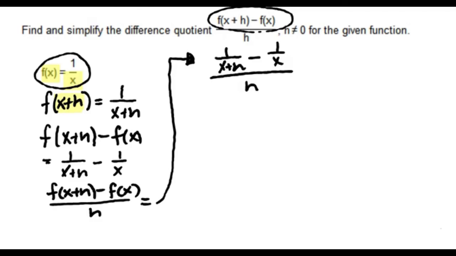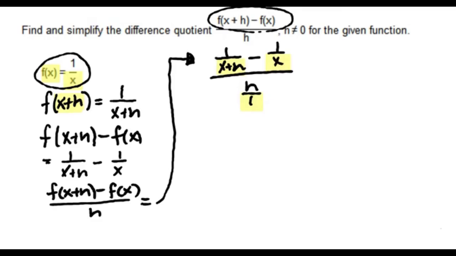To simplify this, we're going to use something called clearing fractions. When you use clearing fractions, you look for the least common multiple of the denominators of your smaller fractions. So I'm going to write h as h over 1, and we're looking for the least common multiple of these denominators.